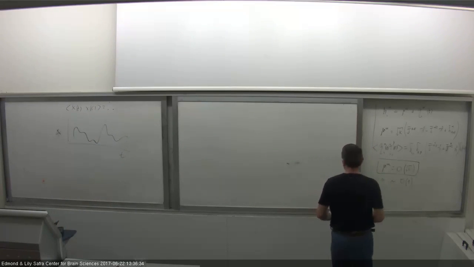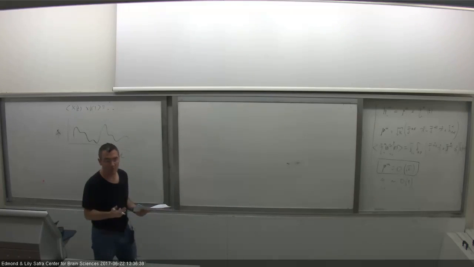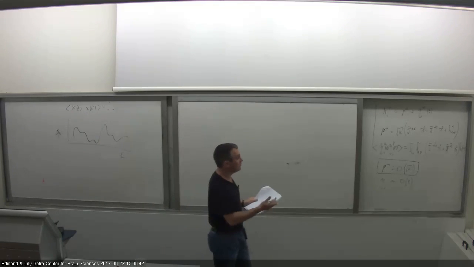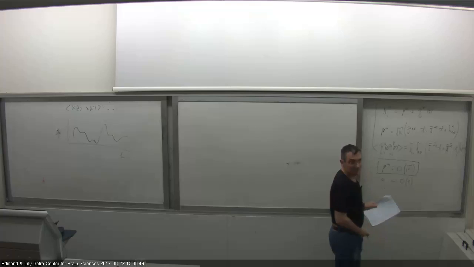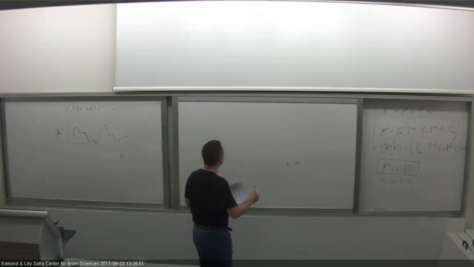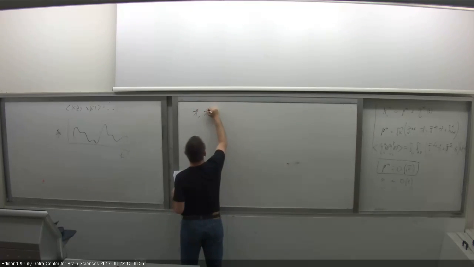Saturation solutions. One possibility is that the total input is way below the threshold, so the input to the two populations is very small. So one possibility to consider is the case that lambda e and lambda i are both very small.